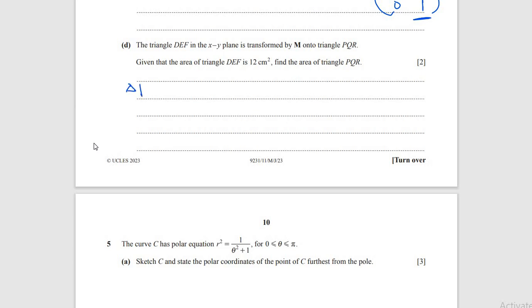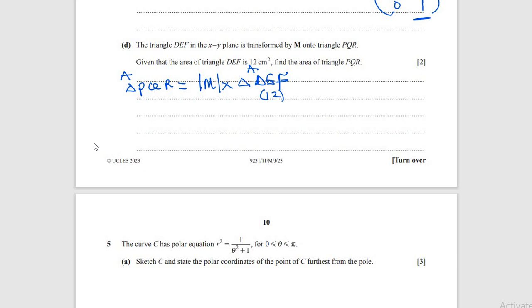We need the area of triangle PQR. Given that the area of DEF is 12, find the area of PQR.